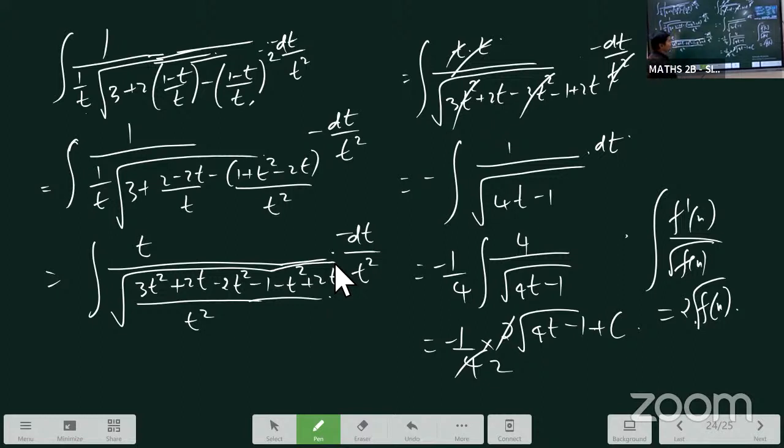Multiply and divide with 4, this part, so that the derivative of the expression inside the root is present in the numerator, that is f dash of x by root f of x is 2 root of f of x. Is it clear? Right. Let us do one more problem based on the same approach.